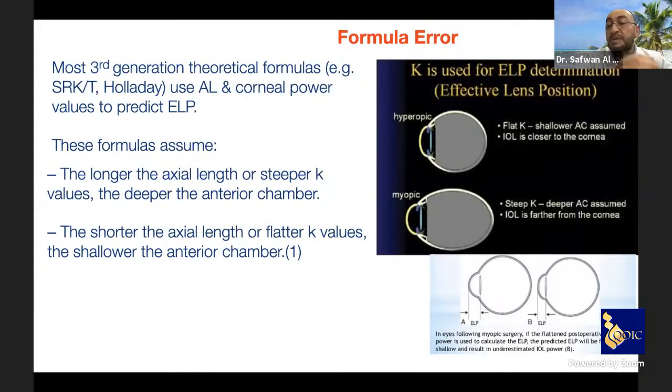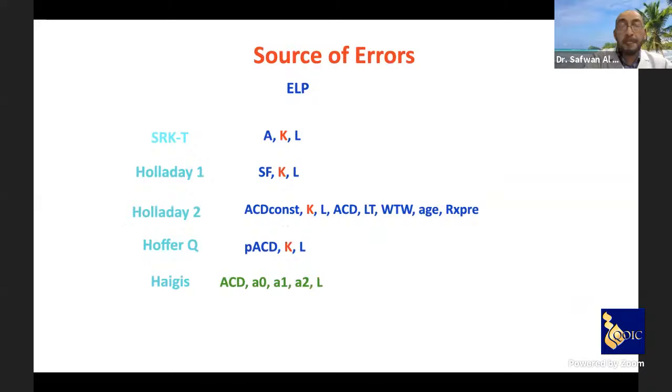So from this point of view, we end up with a hyperopic shift after myopic treatment and a myopic shift after hyperopic treatment. Now, the source of the error in SRK/T is the K. In Holladay 1 it is the K, Holladay 2, K, Hoffer Q, K. Haigis, yes, we can use it because it does not use the K.